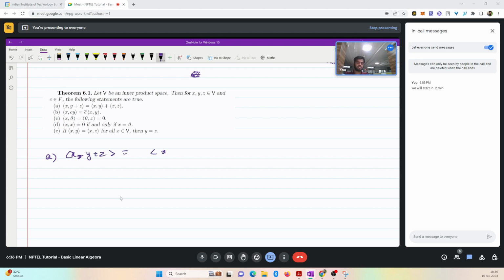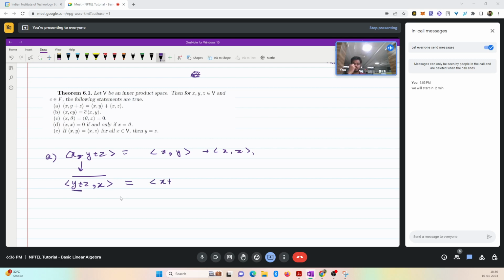It is claiming that <x, y+z> should be equal to <x, y> plus <x, z>. Now what we know is that this is equal to the conjugate of <y+z, x>, using the third property of inner product space that we had.